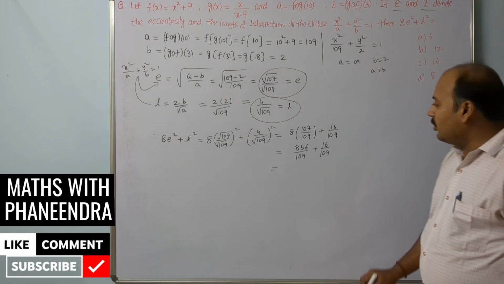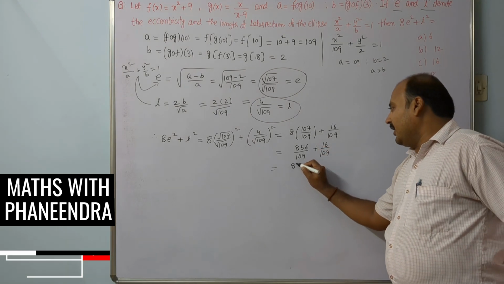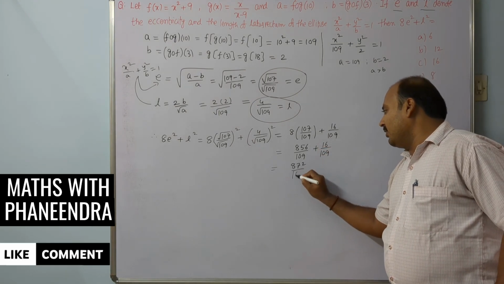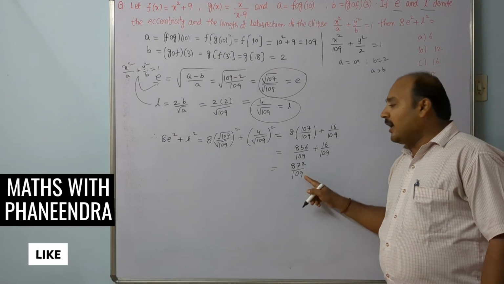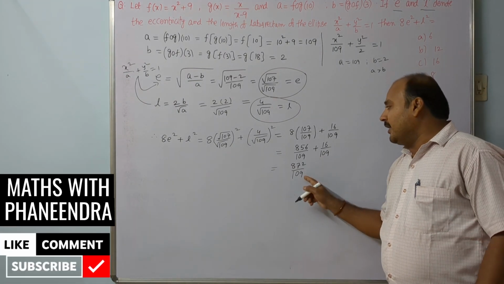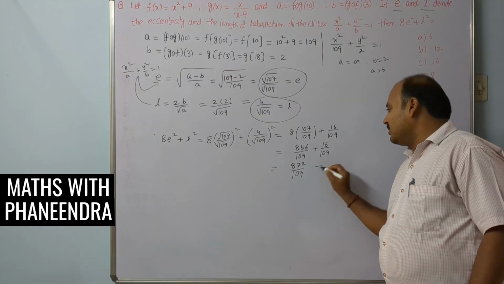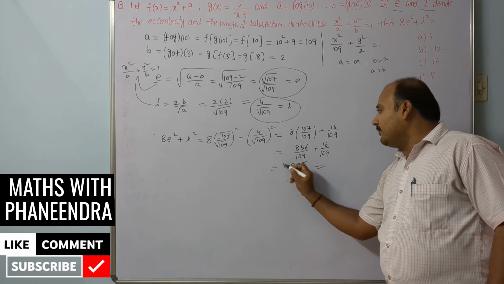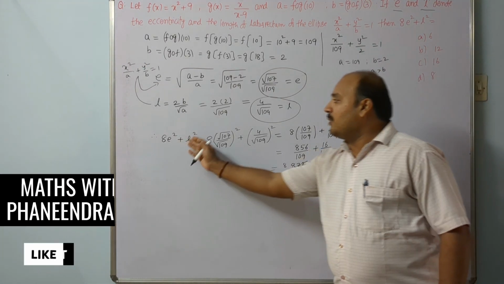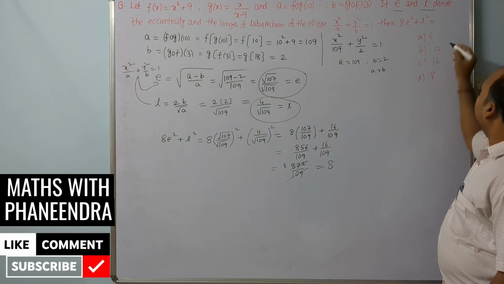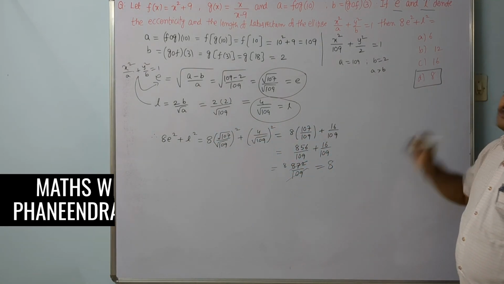Adding both, you will get 872 divided by 109. How many times does 109 divide? 8 times: 8 9s are 72, 8 1s are 8. So 109 cancels. Therefore, the value of 8e square plus L square is equal to 8. It is there in the fourth option, dear students.